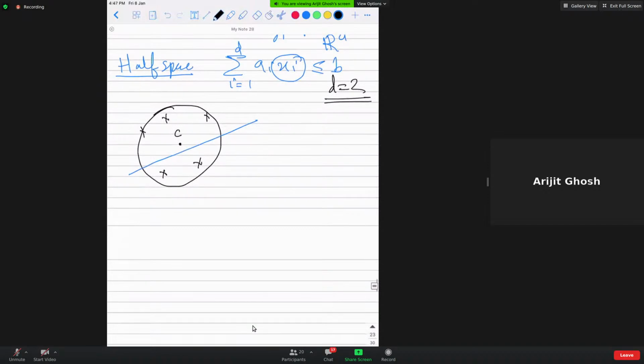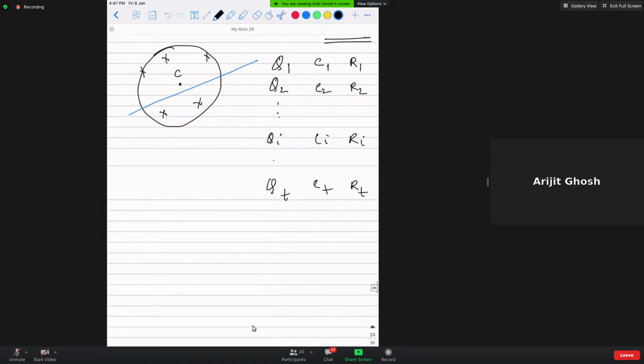Okay, good. So as we see, we were building these sets Q1, Q2, QI, QT with corresponding centers C1, R1, C2, R2, CT, RT. So CI is the center of the minimum enclosing ball for the set QI, and Ri is its radius. Let me introduce some more.